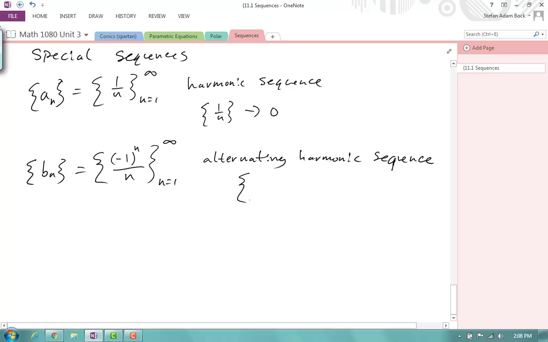So especially by the corollary we just wrote, since the absolute value of negative 1 and 1 is 1, since the absolute value converges, the alternating harmonic must converge.